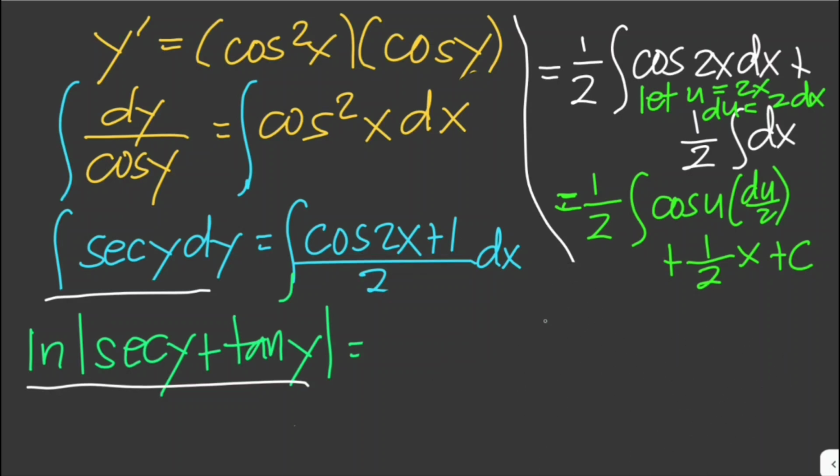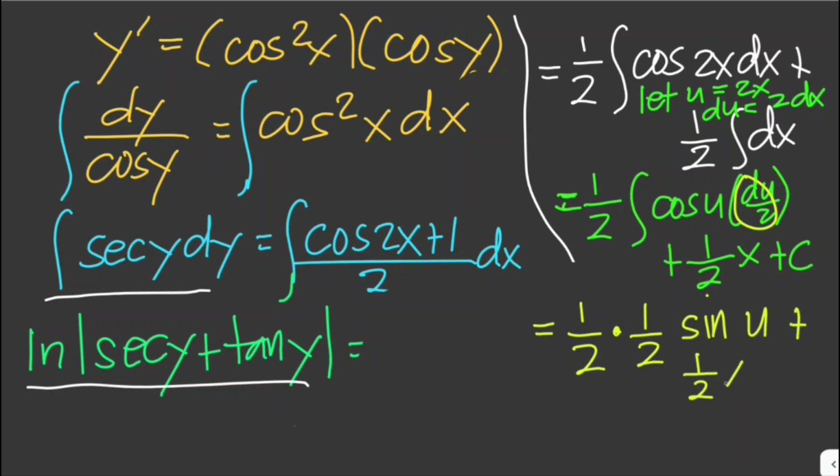Then we simplify this further. So this is equal to 1/2 the integral of cosine, which is just equivalent to sine. We also have 1/2 here, so there will be 1/2 times 1/2 the integral of cosine u du, which is equivalent to sine u, plus 1/2 x plus the constant c.